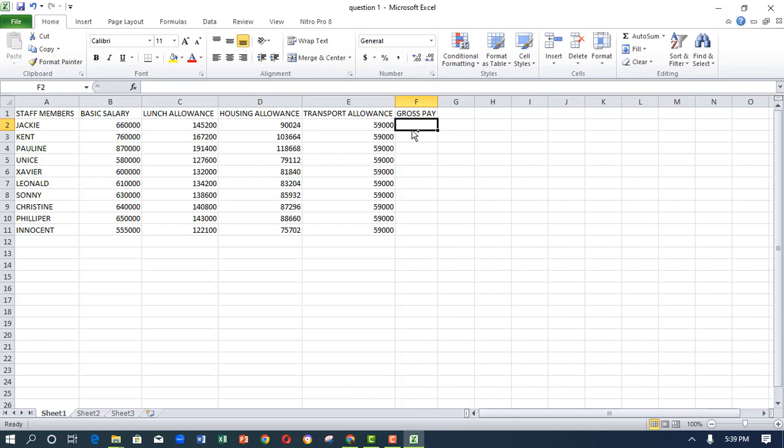On the standard calculations, the gross pay is someone's basic salary plus all the allowances. So we get someone's basic salary and then we put there all the allowances that the employees are getting: lunch allowance, housing allowance, transport allowance, like that.